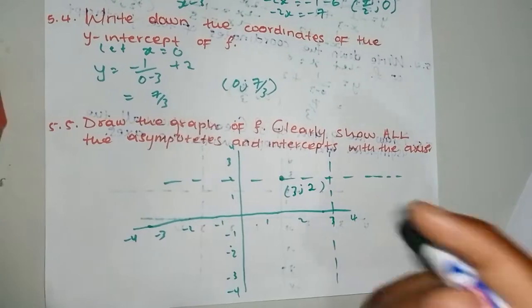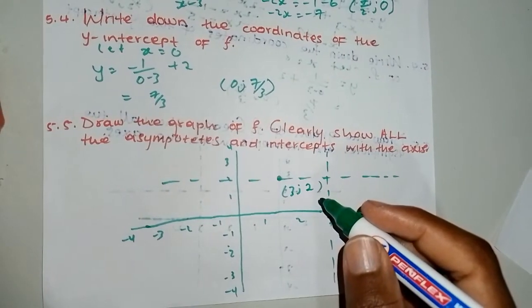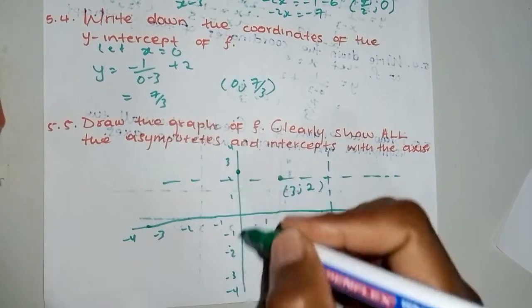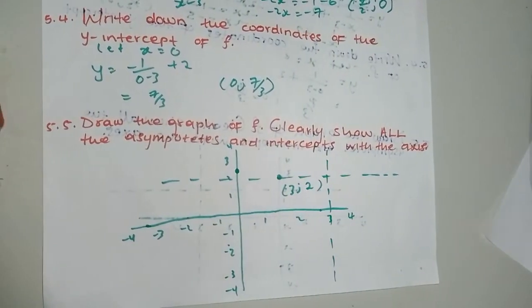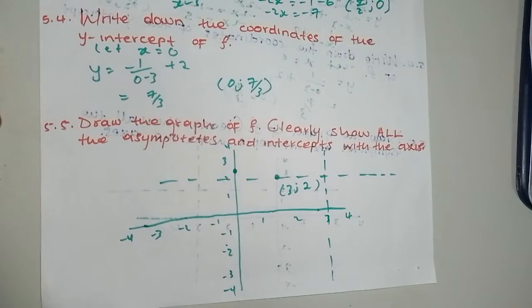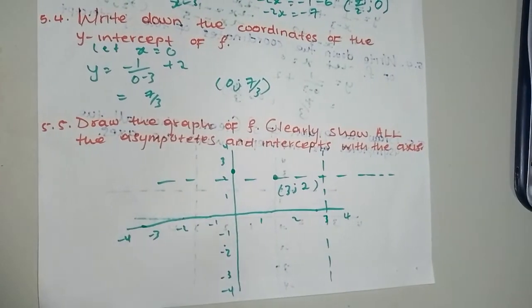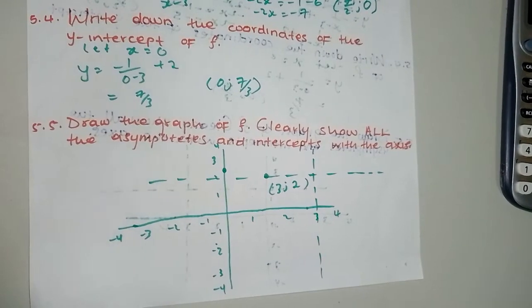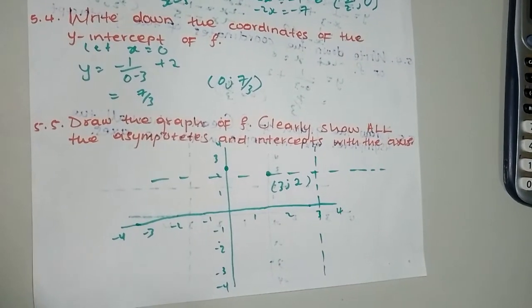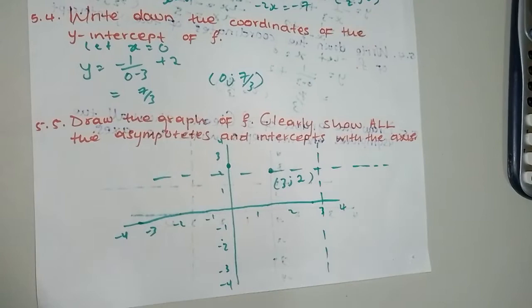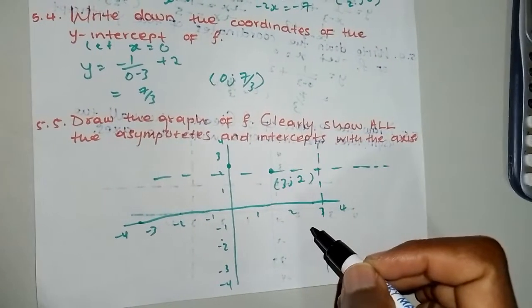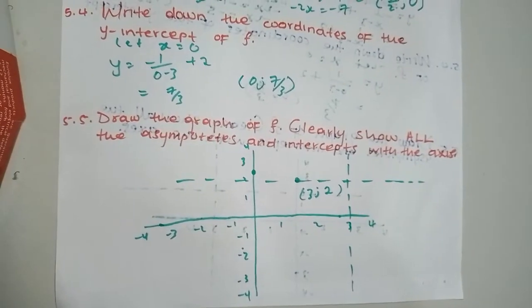And then I have the y-intercept at 2.333, somewhere there. That is my y-intercept. Can I use a different colored marker? Okay, let me use black. Now I have another x-intercept.